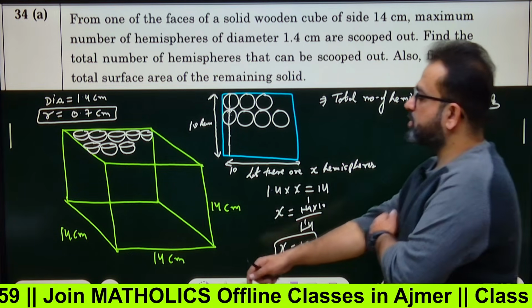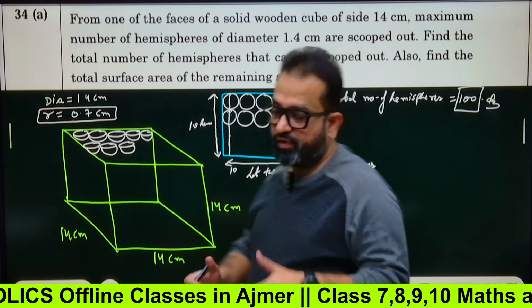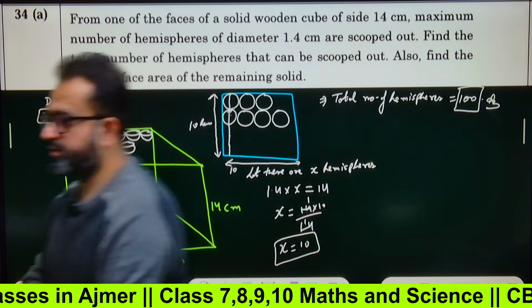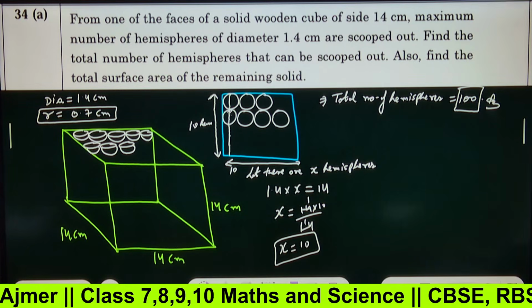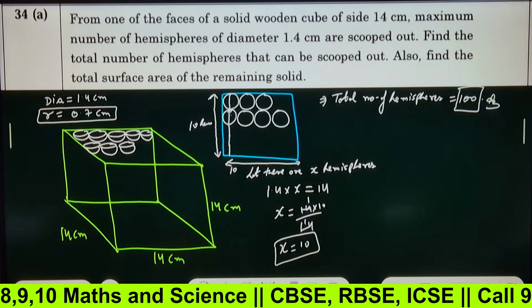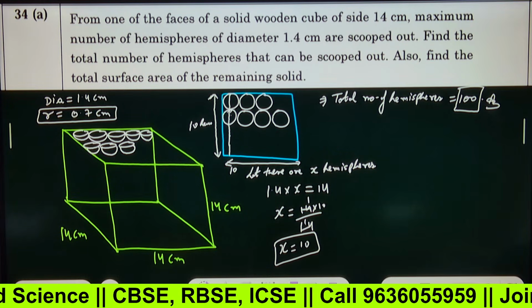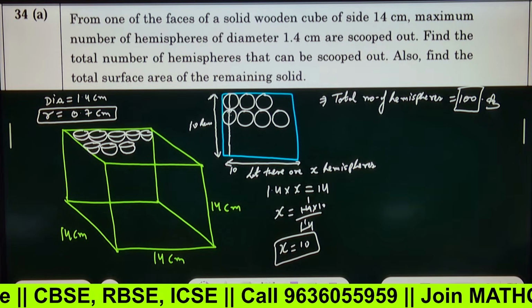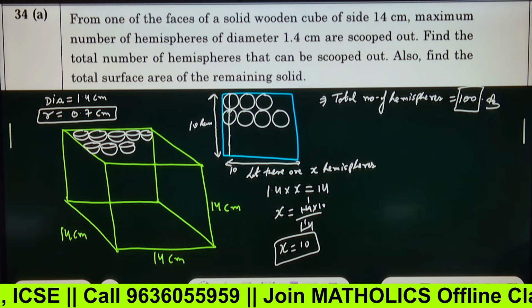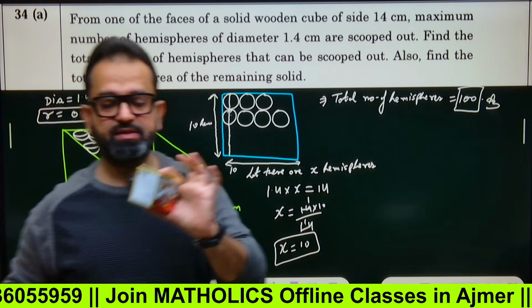Now just focus on the second point, how to check for the curves. This is a square. See, let's say this is the cube, the cubical part.